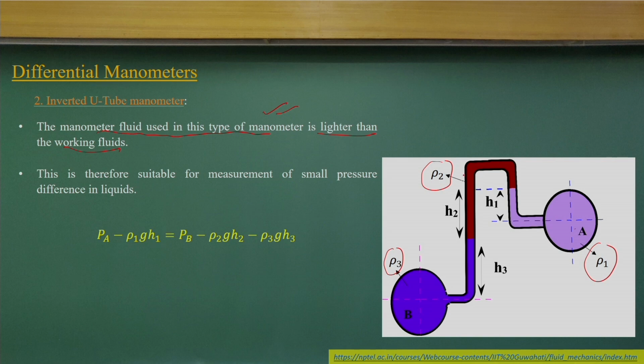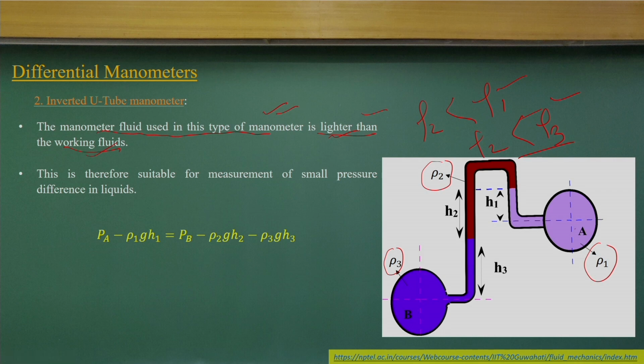Here the manometric fluid is lighter than the working fluid. That means rho 2 is less than rho 1 and rho 2 is less than rho 3. So, since it is very light compared to these, we need to have an inverted case.